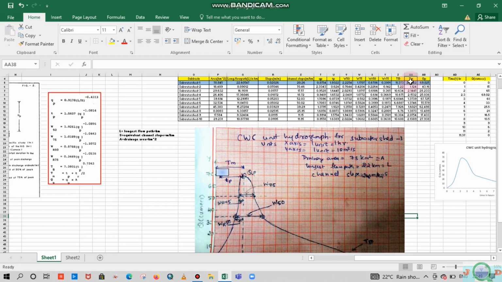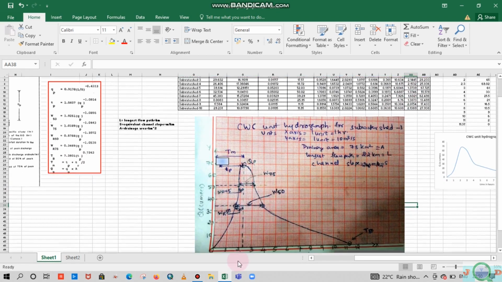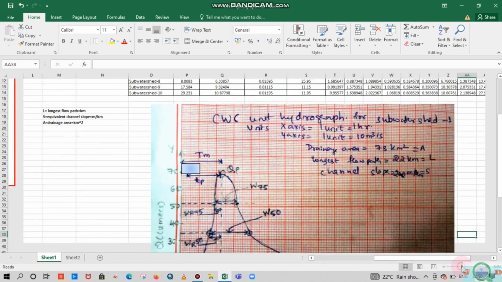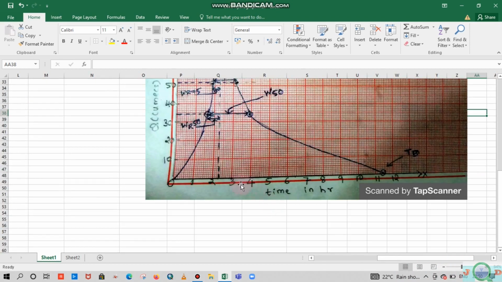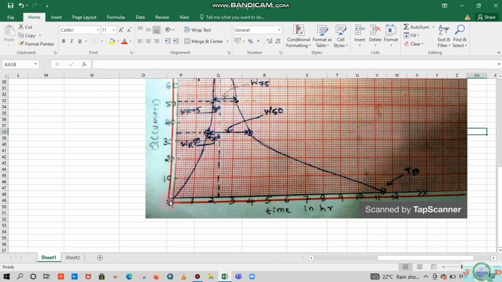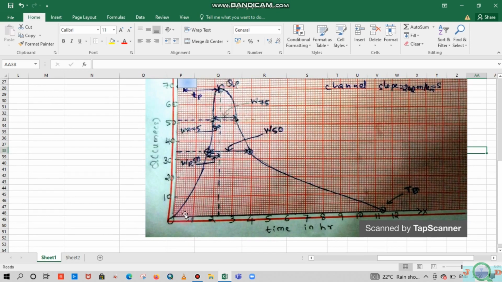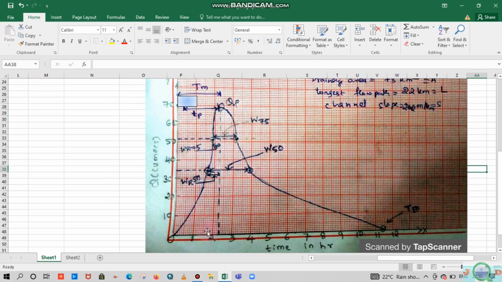Tm is 2.3 hours, so 2.3 hours comes somewhere here. It is the time from the rise of the hydrograph till the peak of the hydrograph, that is the Tm. This is the width of Tm, 2.3 hours, and at this Tm the peak belongs.